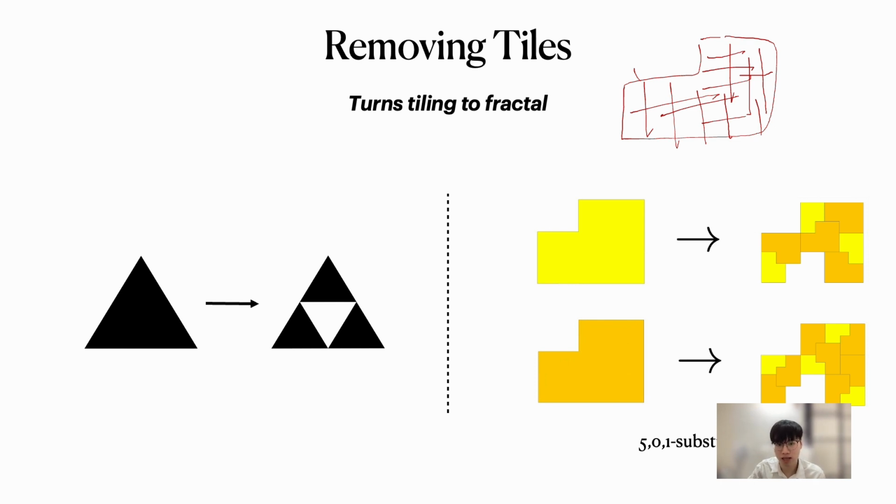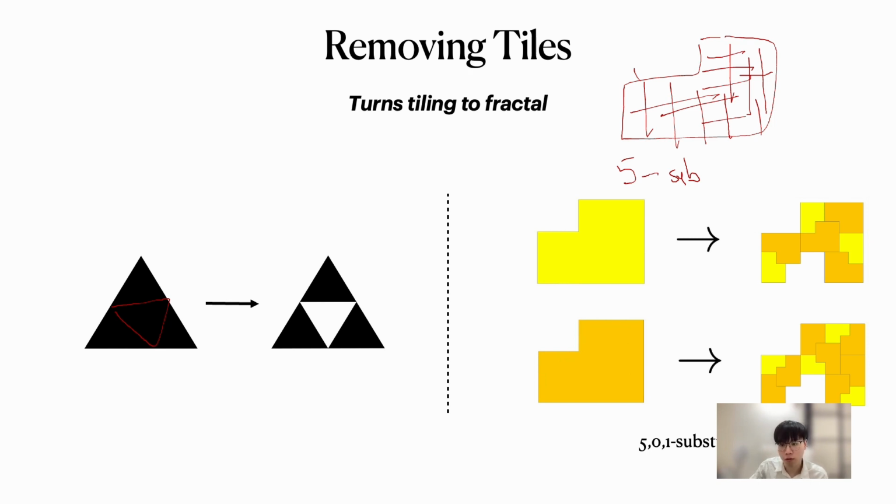So how we do it is we refer back to how a Sierpinski triangle does it. For a Sierpinski triangle, we take away the middle triangle again and again, right? We remove certain parts of it. The same goes here. Having an N substitution, for example a 5 substitution, a larger substitution allows us to have more room to make modifications.